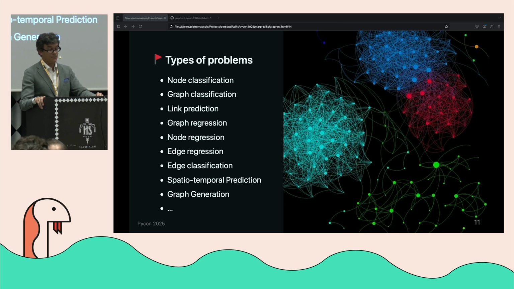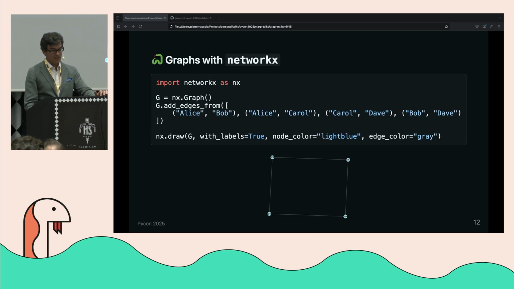There are also plenty of regression problems where you're trying to understand the numerical value that's associated with a node or an edge or even a full graph, like, for example, a molecule's toxicity. And then there's all sorts of more complex problems that can range all the way into Gen AI, into generating new graphs. But we're not going to go too deep into that.